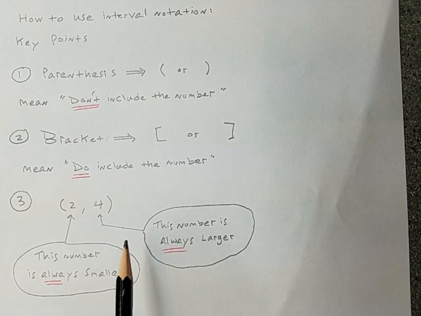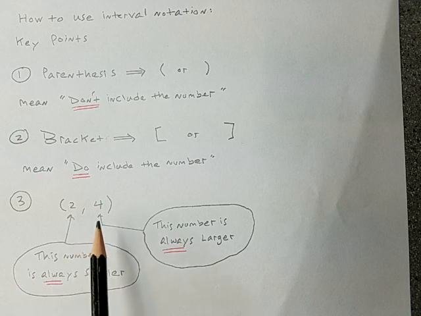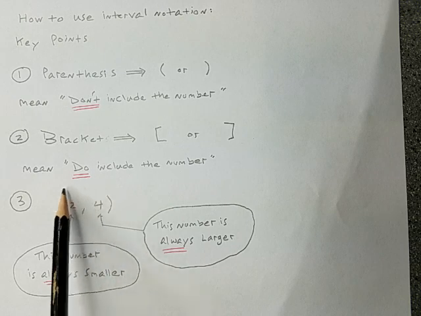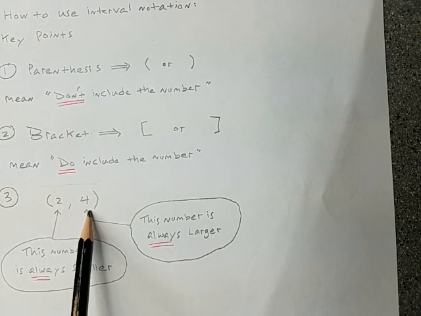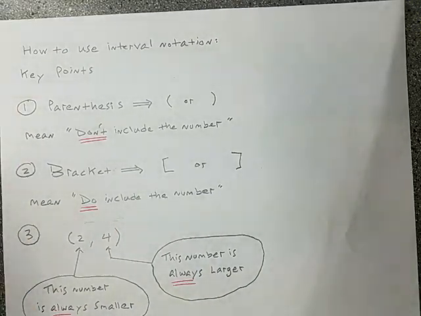And always, when we write interval notation, the number on the left is always smaller than the number on the right. So as we read the interval notation from left to right, that number is always smaller than this one. So those are the unbreakable rules of writing and reading interval notation.